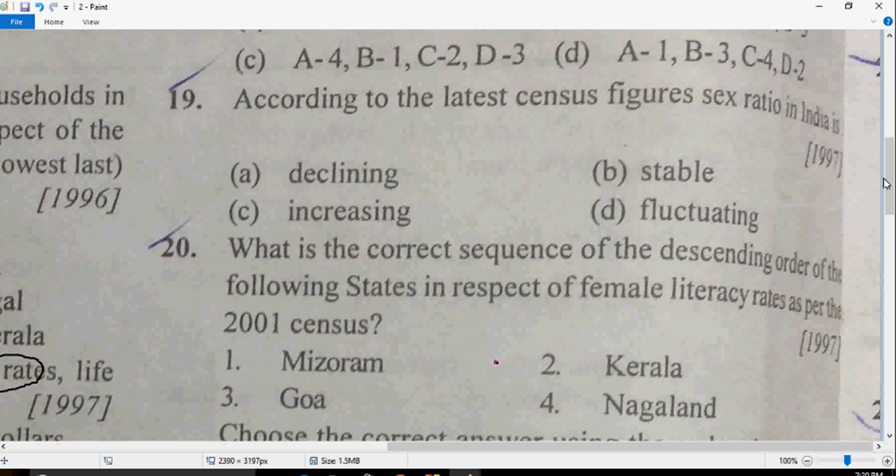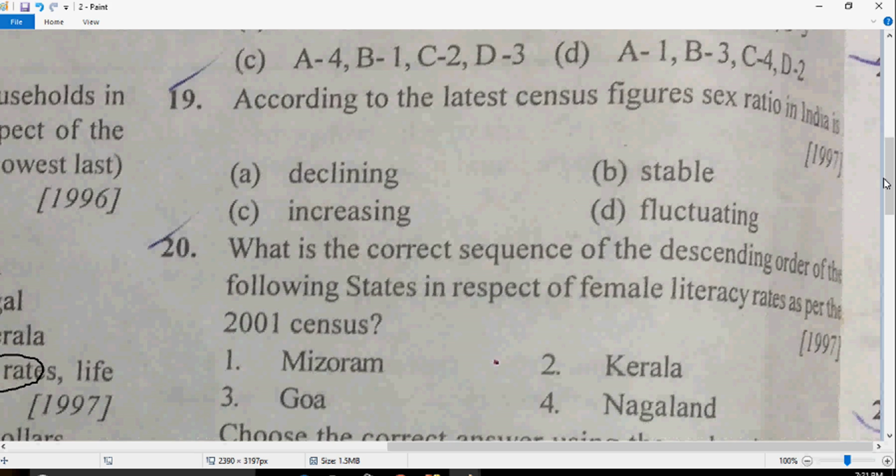In 1981 it was 934 per 1,000 men, in 1991 it was 927 per 1,000 men, and in the 2001 census it rose to 933 per 1,000 men.